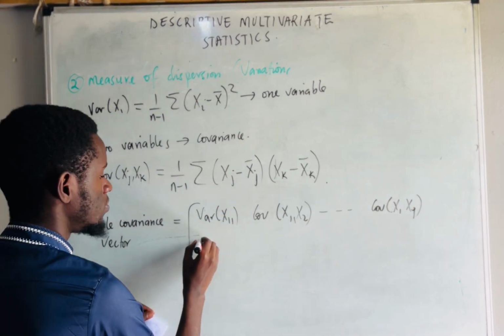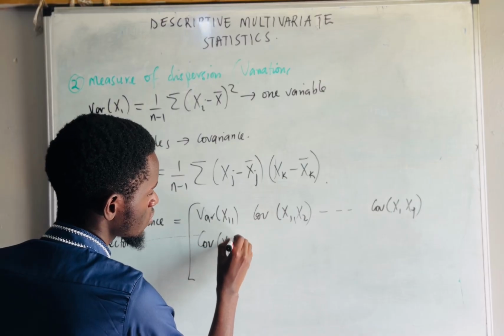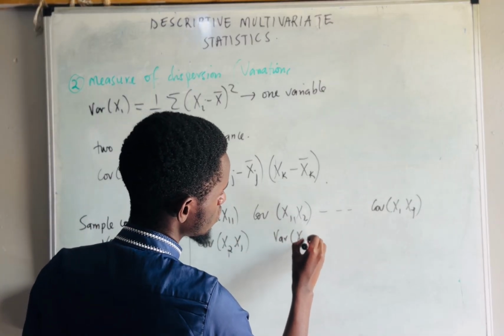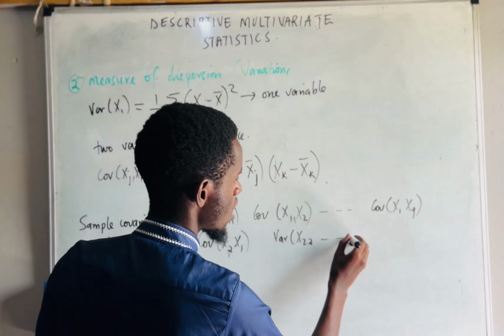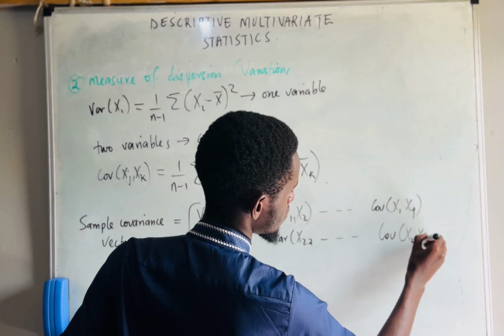Likewise, we have now here covariance of x2, x1. Now we shall have variance of x2 like that. And then here we shall have likewise the covariance now of x2, xp.